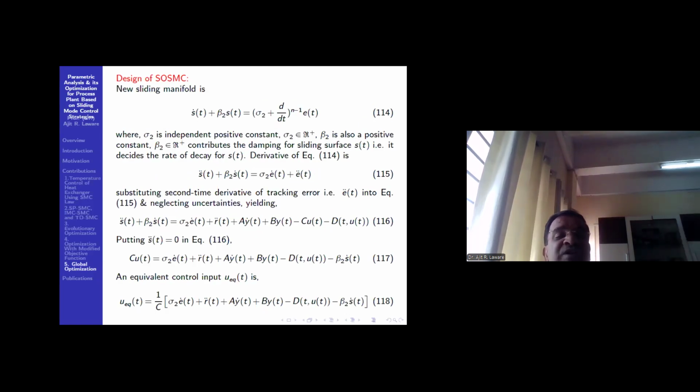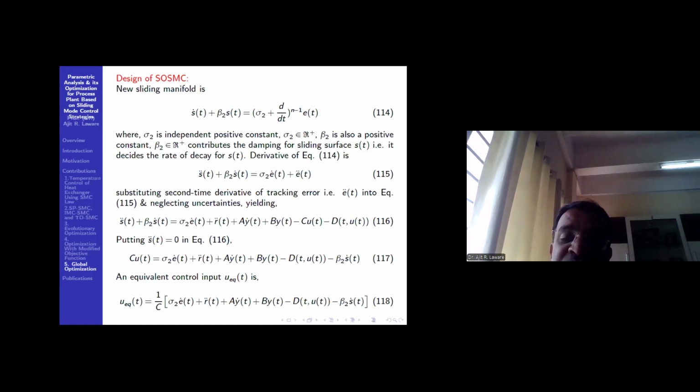Now here what is changed is only the sliding surface. I am taking the sliding surface represented by equation 114, and now take the derivative of that equation. I am getting S double dot plus beta 2 S dot(t) plus eta 2 E dot(t) plus E double dot(t).